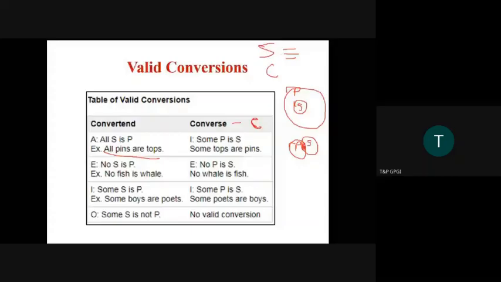Some जब आता है तो there is a common portion in between. So this is a valid conversion example. ऐसे ही बाकी के भी हैं. So we'll understand them in a better manner when we come to actual questions.